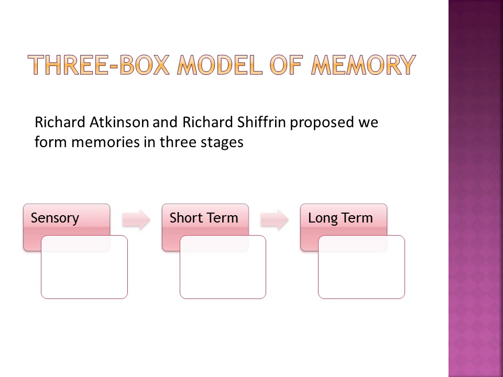It then may be just released from our memory and thrown away, or could enter our short-term memory. Our short-term memory can last up to a minute. These are items, ideas, maybe, that are unusual or stand out. And then if they're not rehearsed, they're thrown away. And if they're rehearsed over and over and over again, they will go into the long-term memory.